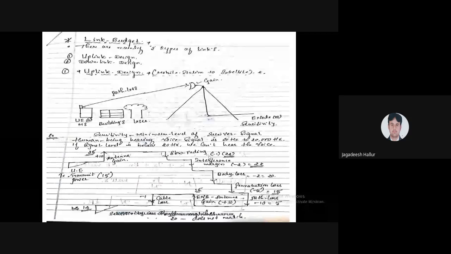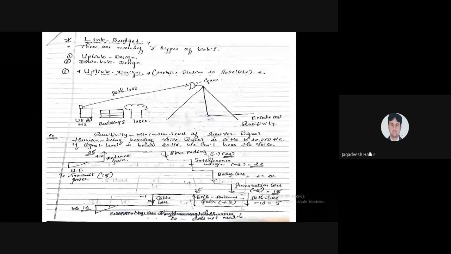That mobile communication is something else, but you consider this as an example for uplink design. In mobile communication, we use the mobile station, that is from mobiles to the base station, and from the base station to the mobile. So in this, the signal goes from the mobile station to the satellite, and the signal is received from the satellite at the earth station, that is the reverse, the downlink.